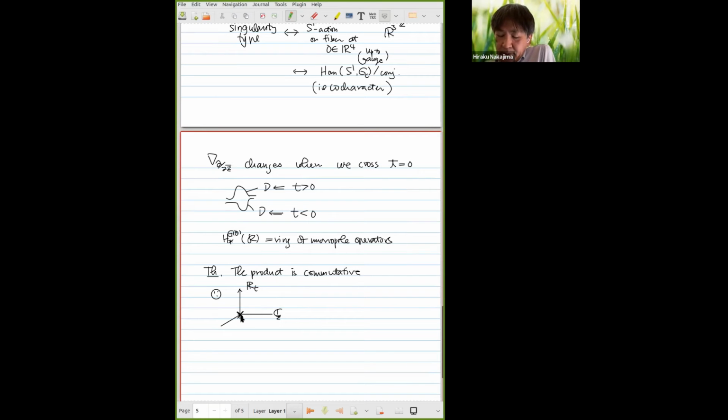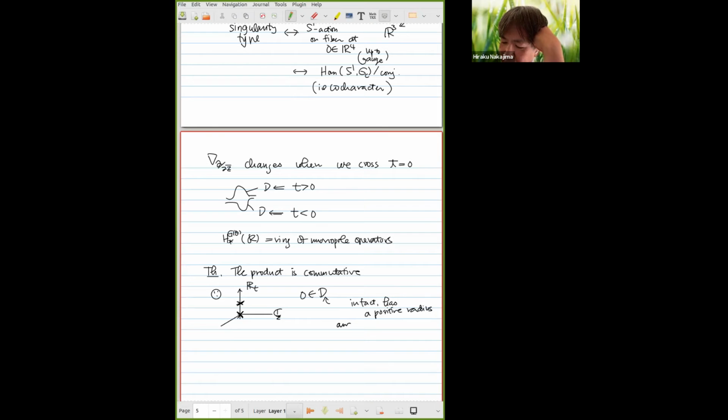When I consider the product of two operators, the point is that if I consider the origin of the formal disk, then you cannot move it. But as I explained in this picture, this disk in fact has positive radius.